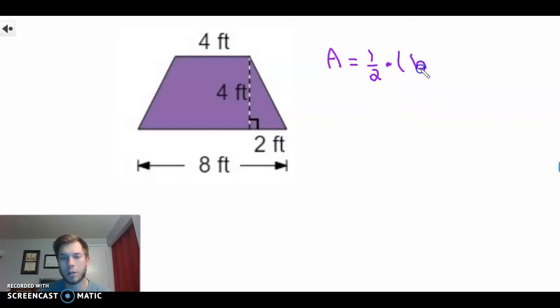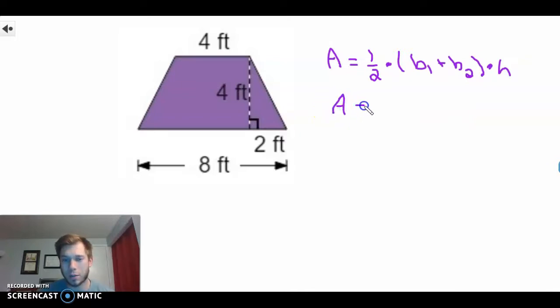So A equals 1/2 multiplied by (base 1 plus base 2) in parentheses multiplied by height. Take a moment, use this formula, and go ahead and answer this question.